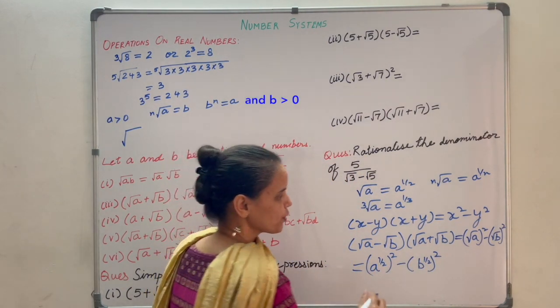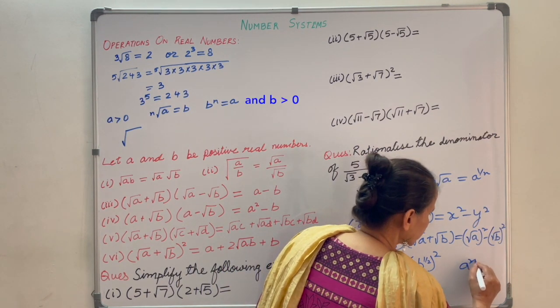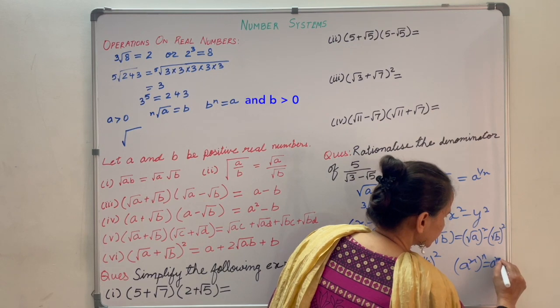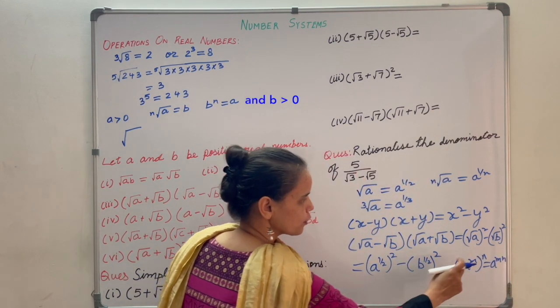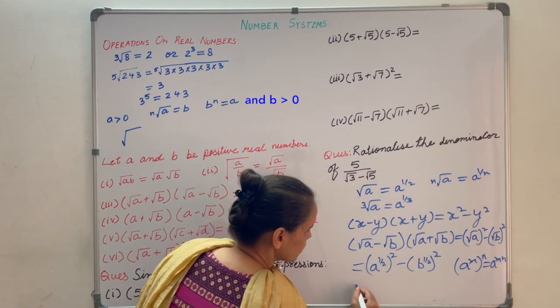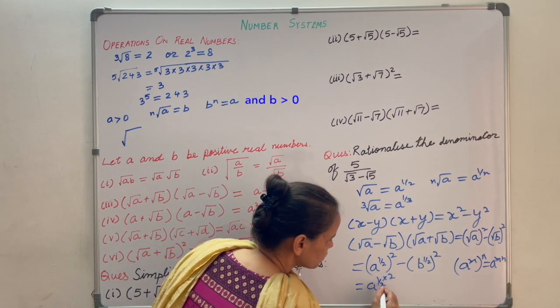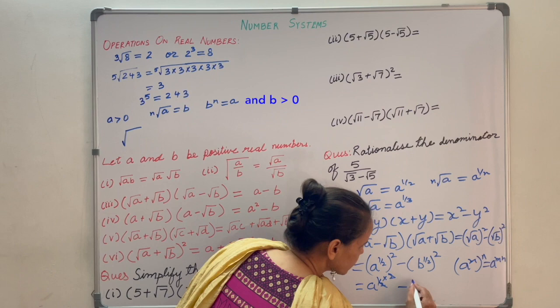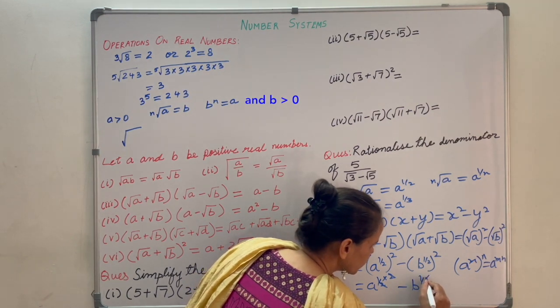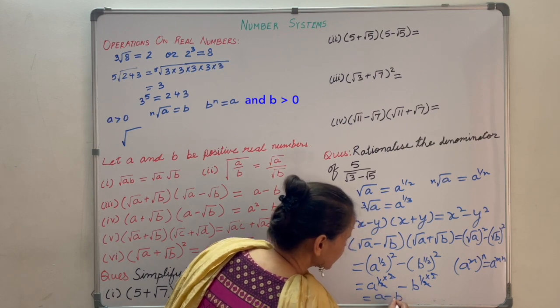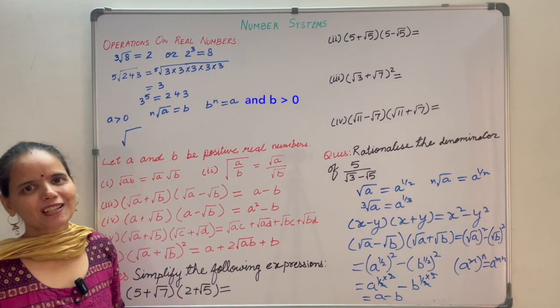So again we are going to use one law, power of a power, a raised power m whole raised power n is equal to a raised power m into n. So you just multiply the powers. So here what you will get, a raised power 1 by 2 into 2, so you can cancel this, minus b raised power 1 by 2 into 2, you can cancel this, what do you get? A minus b, just written over here.